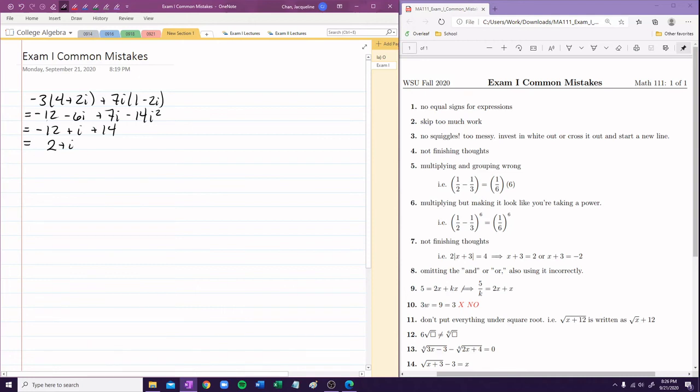Another thing people did, I think I'll mention it later as well, but a lot of people with this expression, I think we're so used to equations that when you see expressions, you kind of freak out, maybe, and you're thinking it has to equal something.